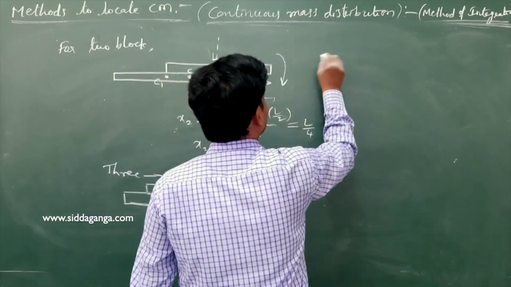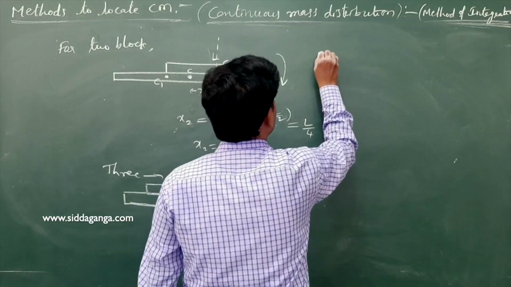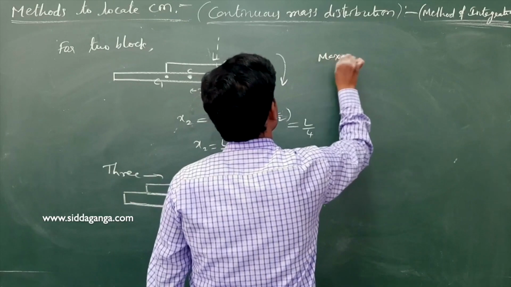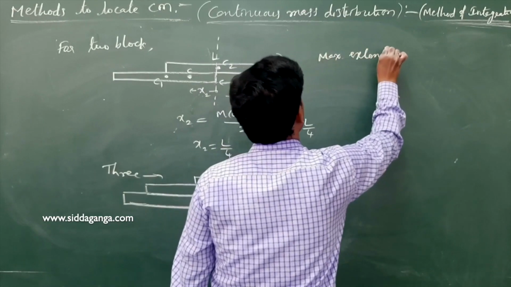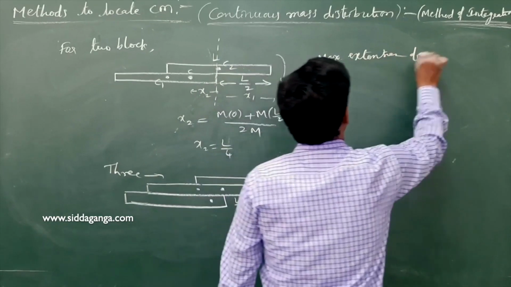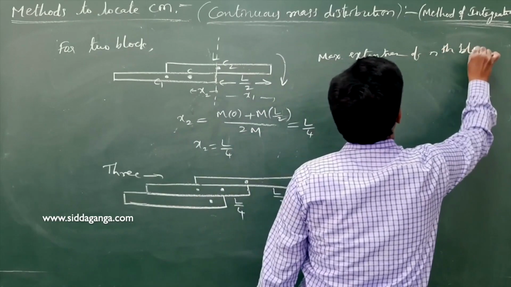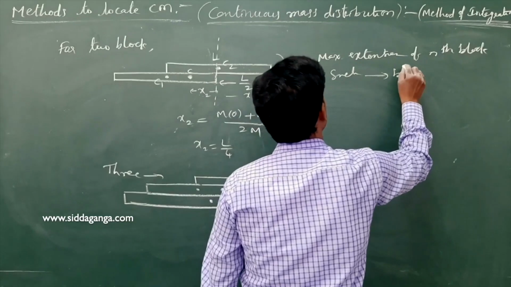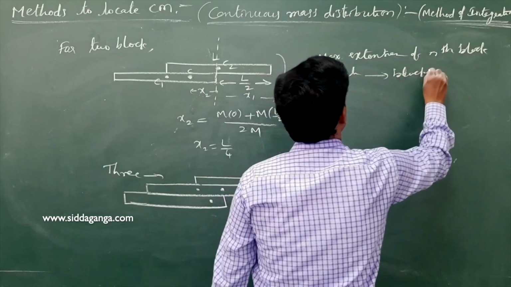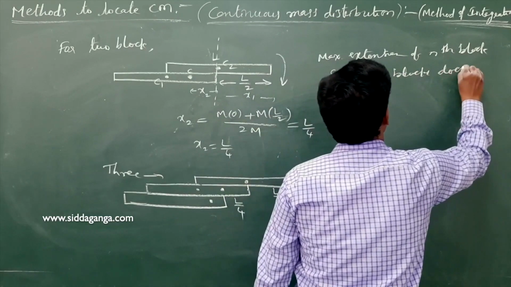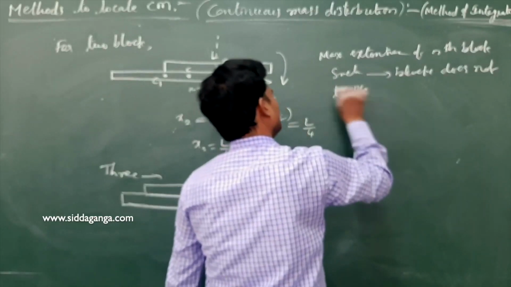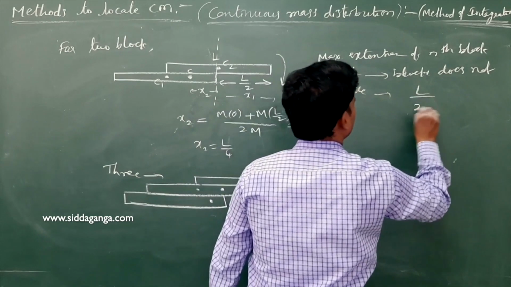So the maximum extension of the nth block, such that the blocks do not fall one over the other, the blocks do not topple, is L by 2n.